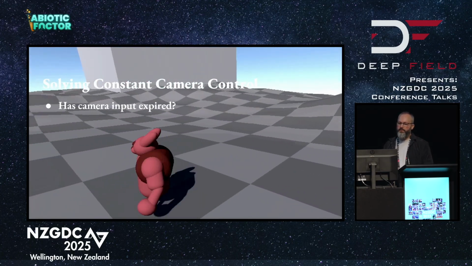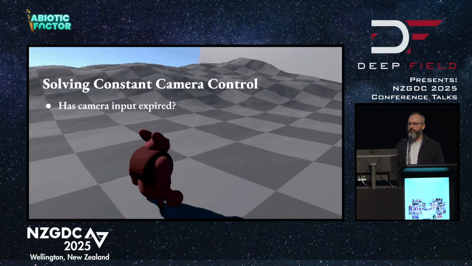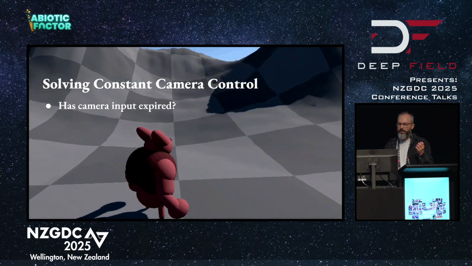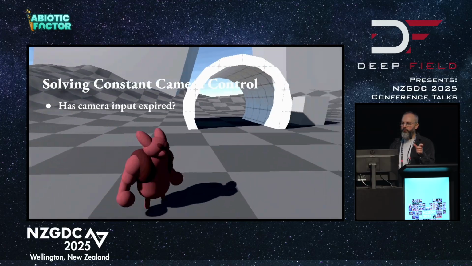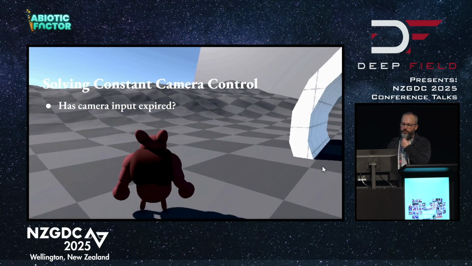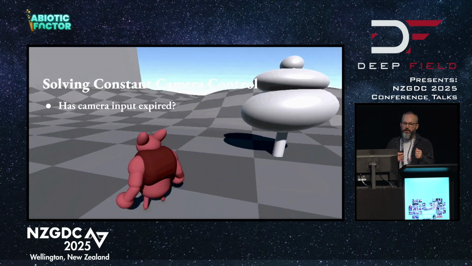So breaking this down, the main thing we need to know is, has the camera input expired? By that I mean the player has to have let go of the camera control for some period of time before we take control of the camera ourselves. If you don't, you end up with a constant battle with you as the player when you're playing the game.